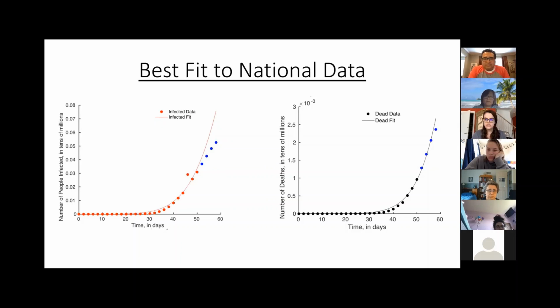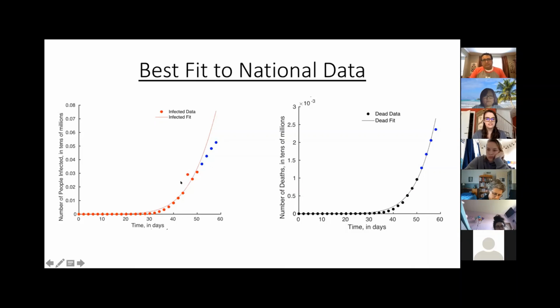And you can see here on the left, for the infected, my fit is pretty close to what's happening in the real world, but it's slightly overestimating on the infected side. It's still fitting the number of deaths pretty well, but it is slightly overestimating it.